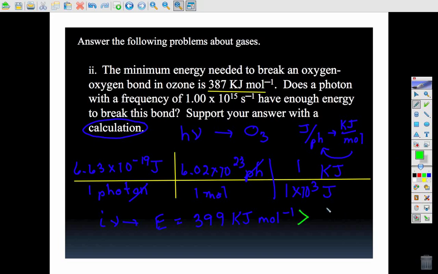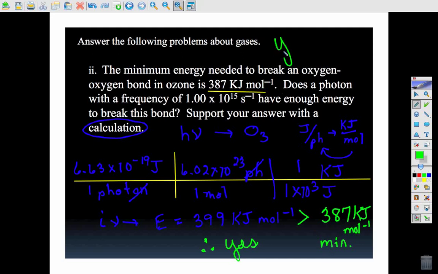Now, that is greater than my bond energy, so I have to have at least. So that bond energy is a minimum energy, and since I have greater than the minimum energy, then the answer is yes, the bond can be broken.